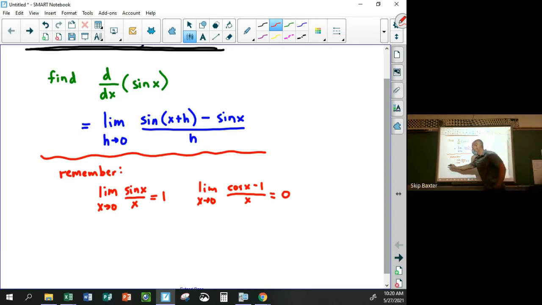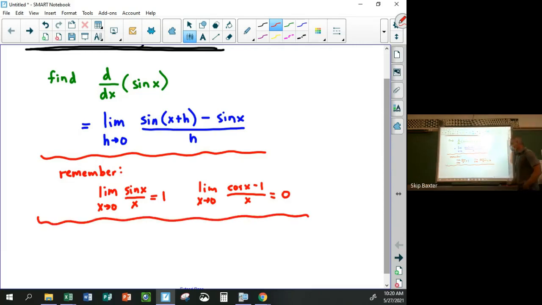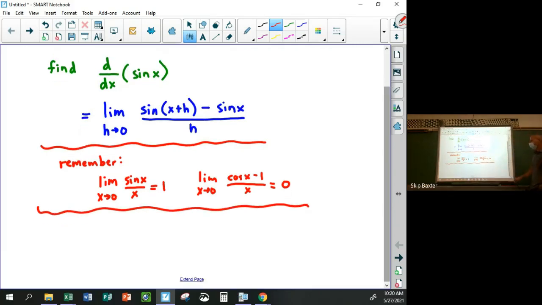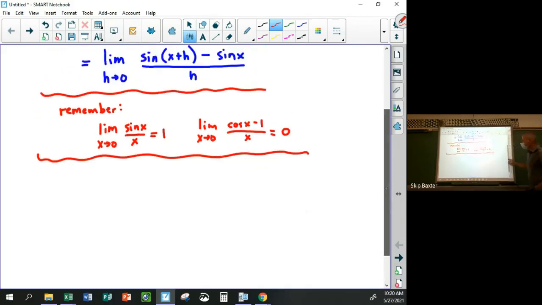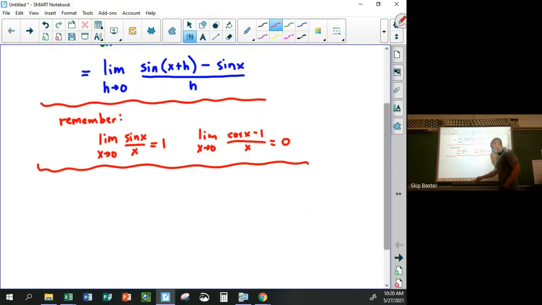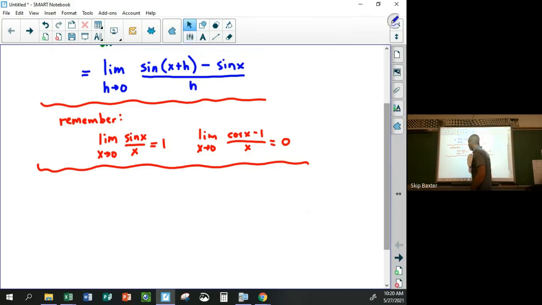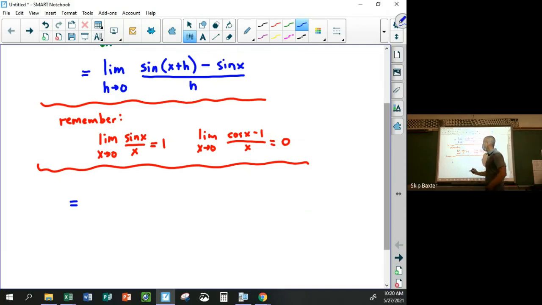Okay, so if you kind of remember those basic special trig limits, there's actually a sort of obscure thing in trig called the angle sum identities.